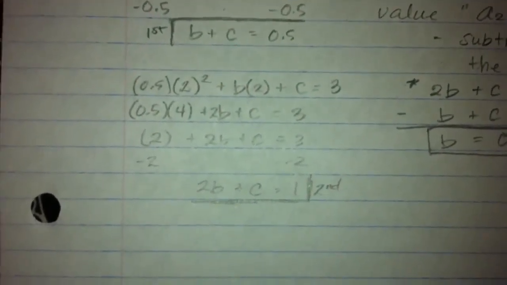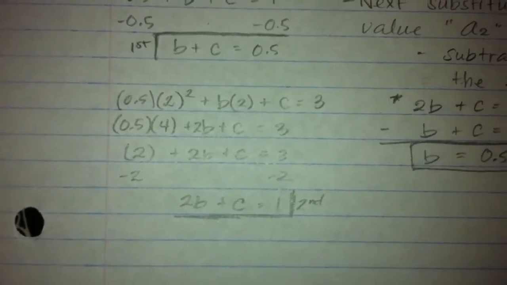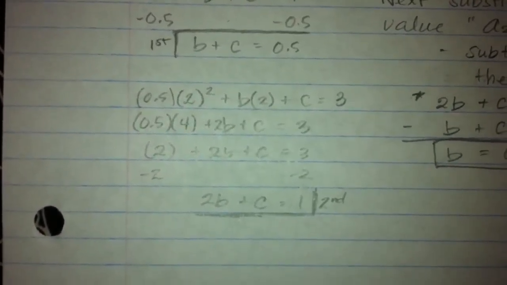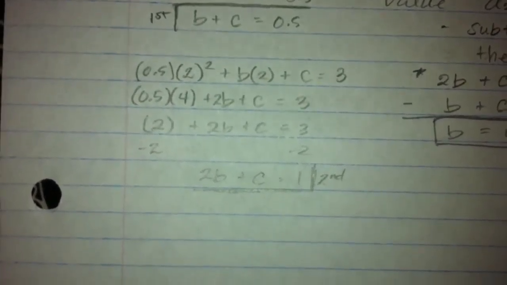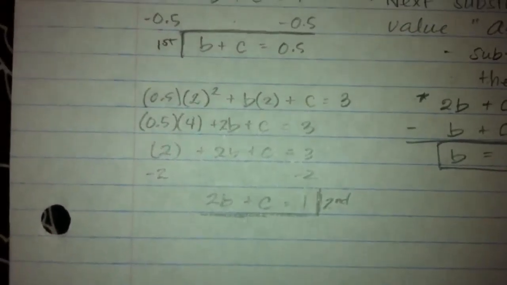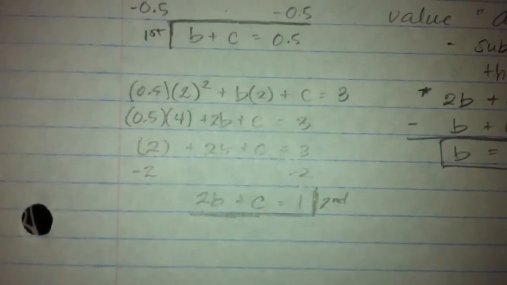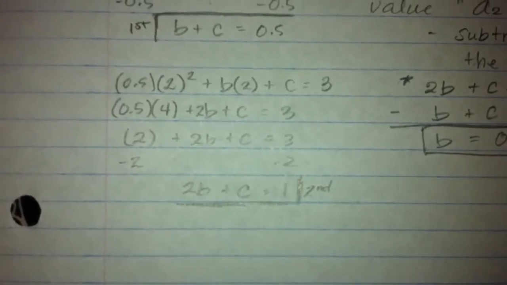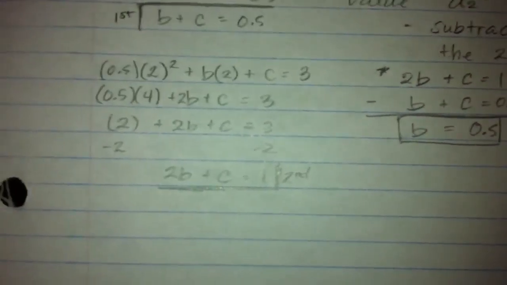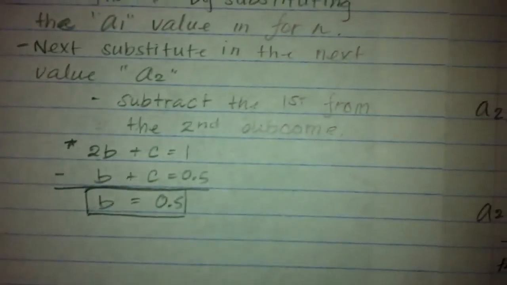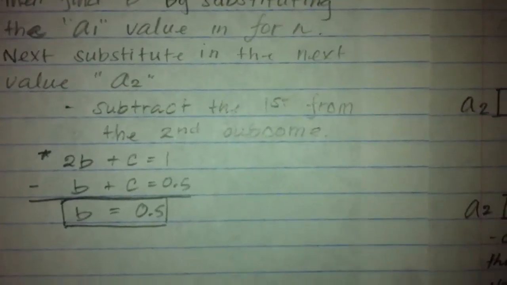Now with that, by solving and isolating the 2b with c, we have our second equation. Now what you would want to do is subtract the first from the second outcome.